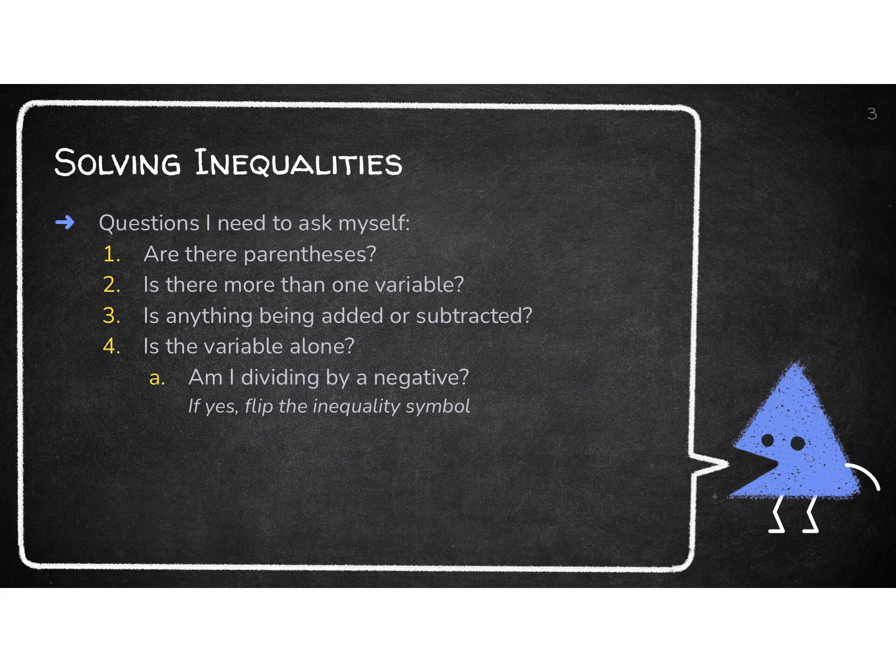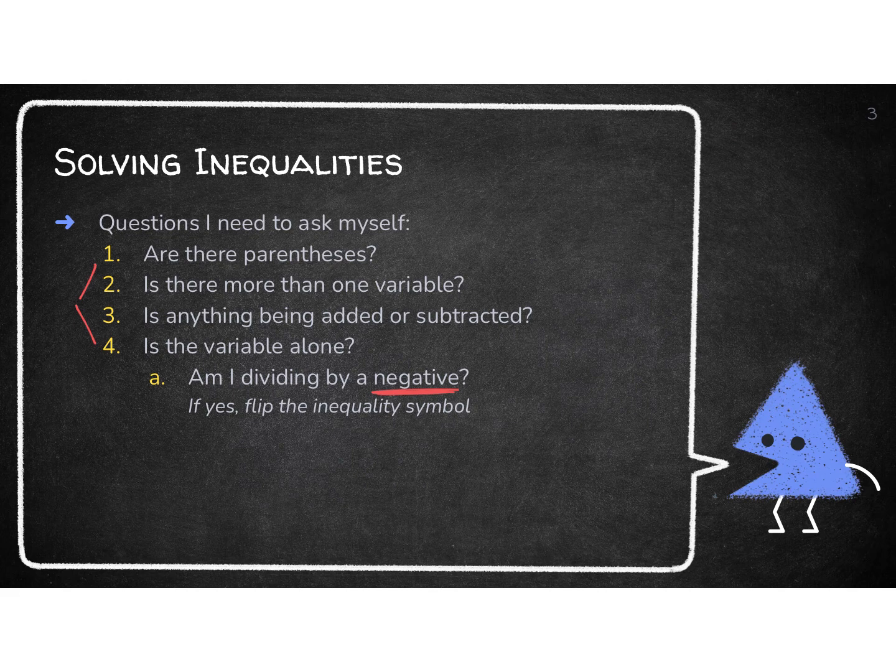The questions that you need to ask yourself, 1 through 4, are the same questions that we've been dealing with when solving equations. You're just going to pretend like you're solving a regular equation. The one thing you have to keep in mind is at the end, if you are dividing by a negative number, then that inequality symbol flips.